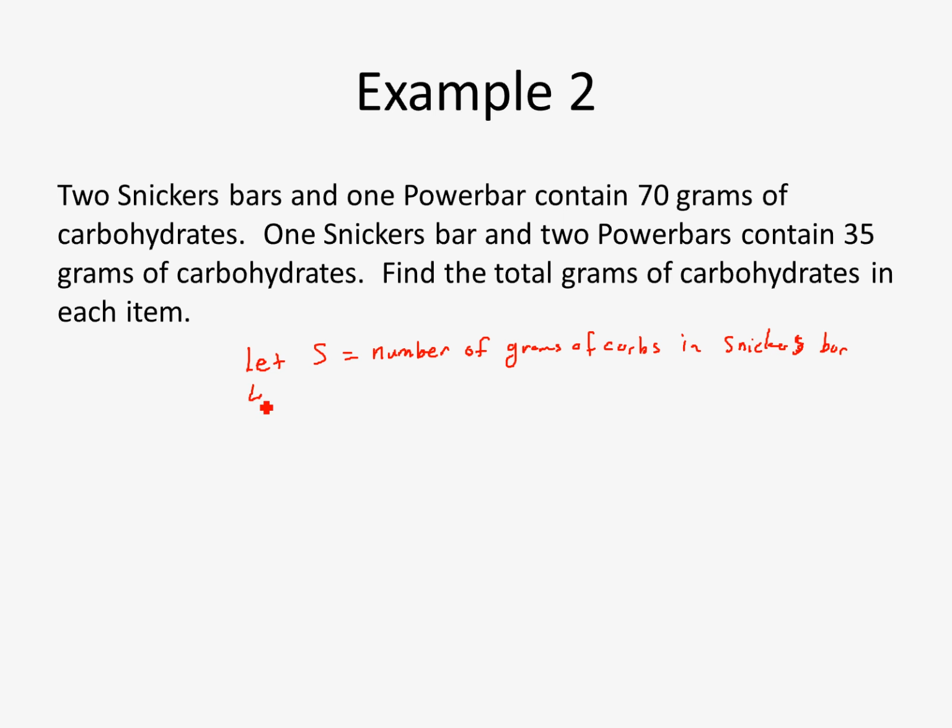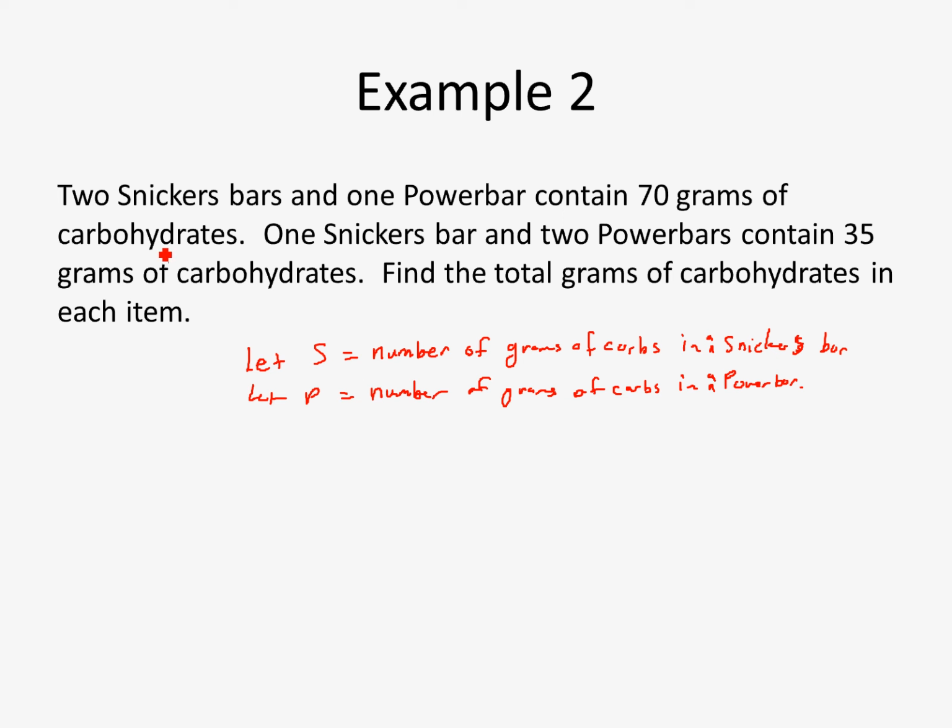And I'm going to let P equal the number of grams of carbs in a Power bar. Okay. All right. So we've set up our variables. That's the number of grams of carbs in each one.